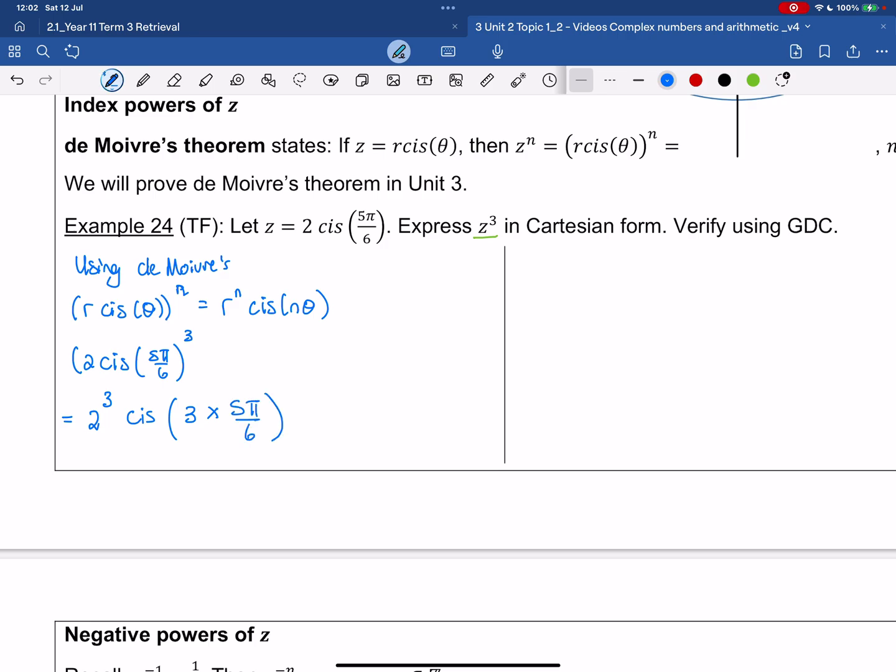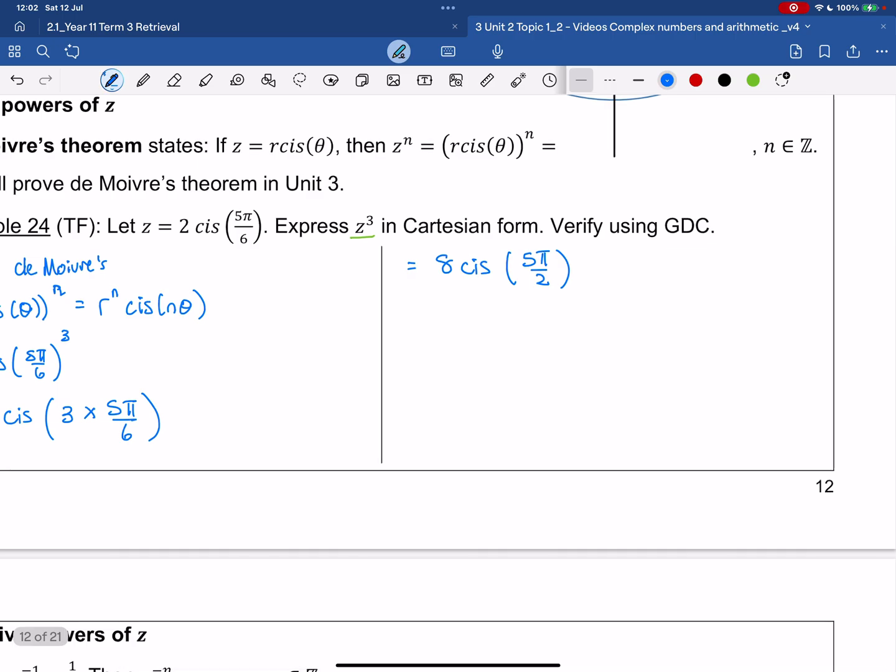And I can simplify that to 8 cis of 5 pi on 2.